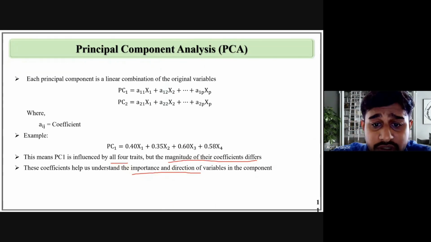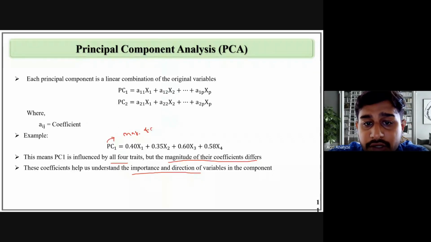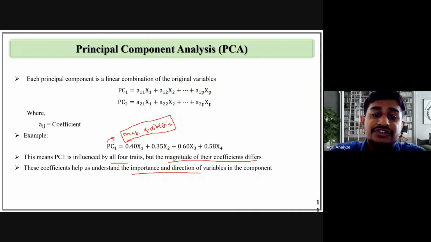This coefficient is important to understand in which direction we explain our variance by PC1. It shows the magnitude and direction of our explained variance. Based on this coefficient, we can say that x3 is more responsible for developing the new axis called PC1, and PC1 always explains maximum variance compared to other principal components.